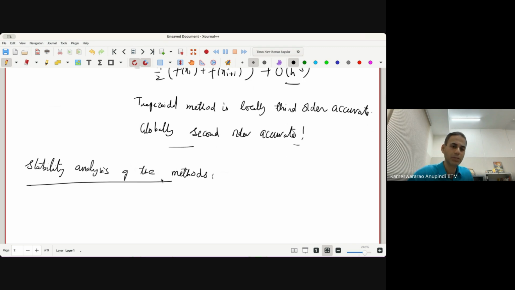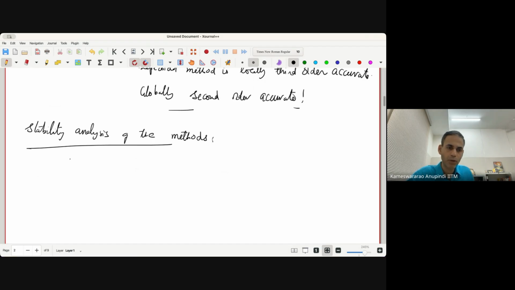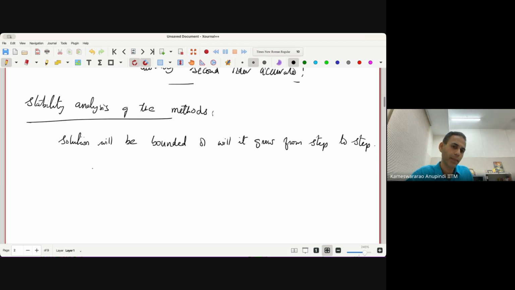Stability analysis is basically we want to know whether our errors or our solution will be bounded or will it grow from step to step. Okay, so we have again written out different things.